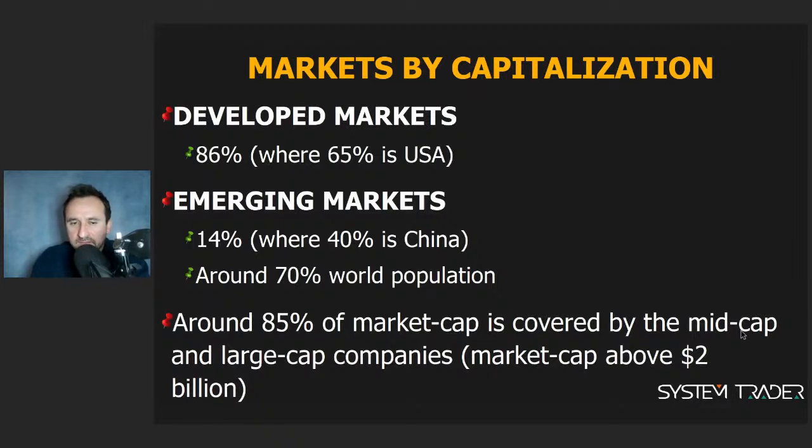It's 14%, and within that chunk, around 40% is just China. So almost half of emerging markets belongs to China.